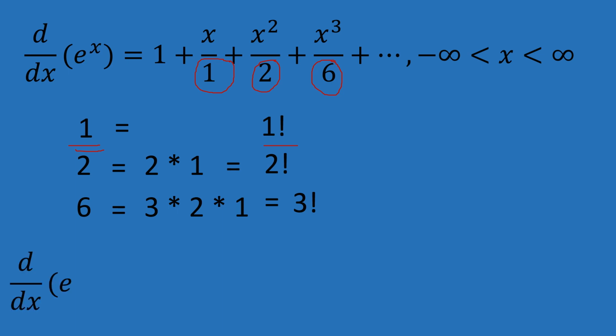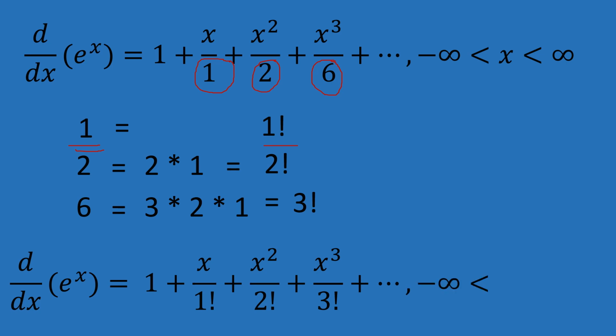So that gives us the differential of e raised to the power of x is equal to 1 plus x divided by 1 factorial plus x squared over 2 factorial plus x raised to the power 3 over 3 factorial plus and so on and so forth. So that's what we have for this expression.